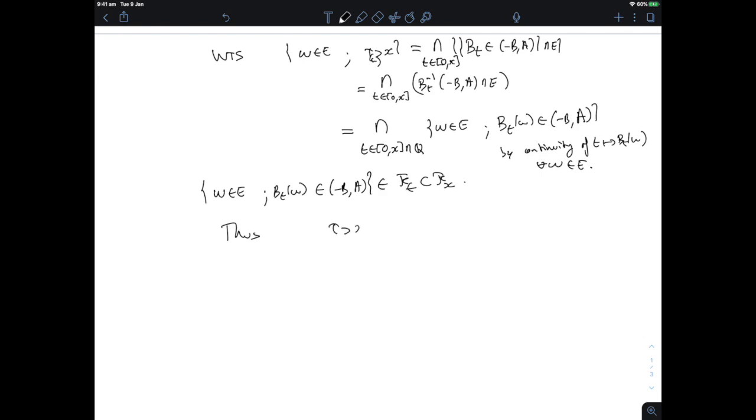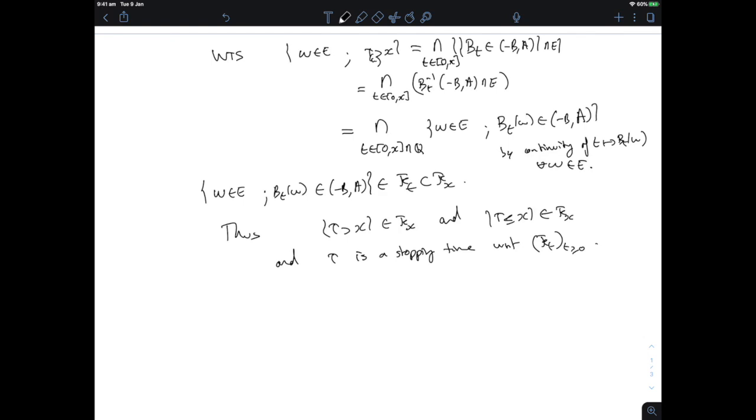We've got that the set where tau is greater than x, which is the complement of the set where tau is smaller or equal to x, belongs to Ft. That means literally that tau is a stopping time with respect to the filtration Ft. Okay, so I do have a genuine stopping time.